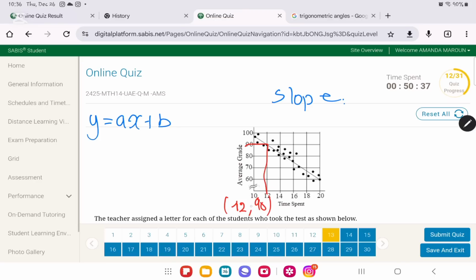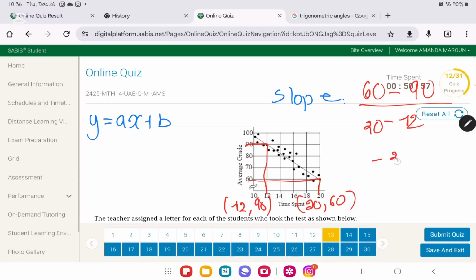12, 90. And then the second point is going to be 20, 60. So to find the slope, we're going to do y minus y, so 60 minus 90, divided by x minus x, 20 minus 12. So in this case, it's minus 30 divided by 8, which is minus 15 over 4.